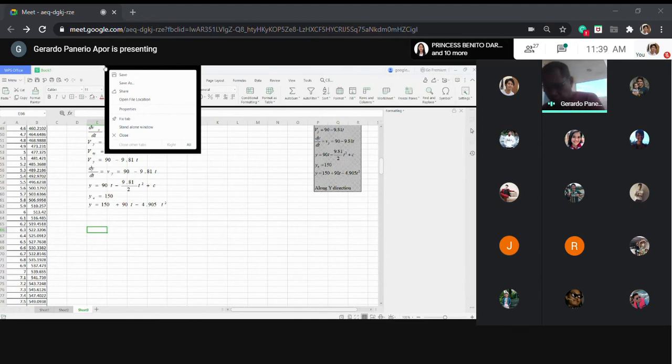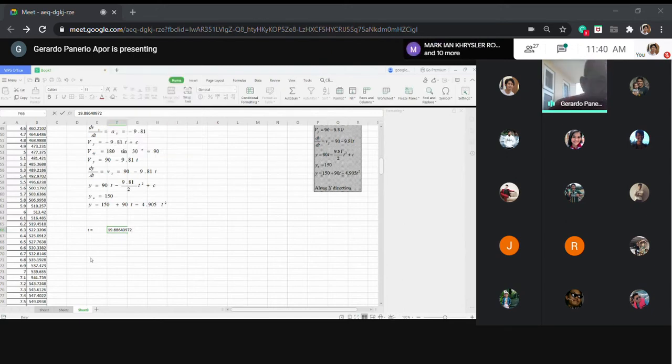The time at which the projectile hits the ground is 19.886400972 seconds. Okay, that's the time.